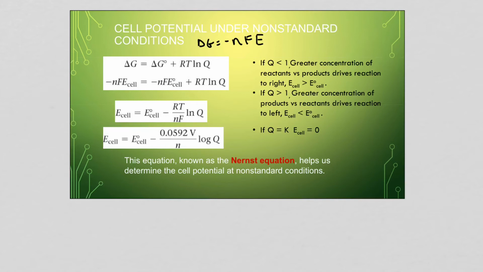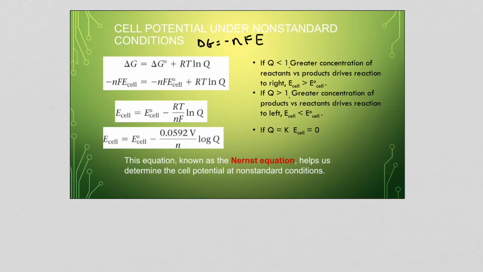If we think about the big picture of what this means, if I end up with a Q less than 1, this means that we have a greater concentration of reactants versus products, and this drives the reaction to the right.